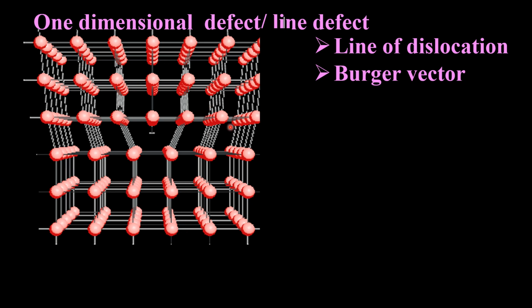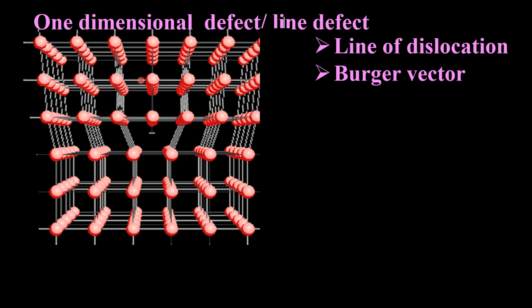As we go away from this dislocation to a very far distance, the crystal looks very perfect. So this is a kind of localized distortion.